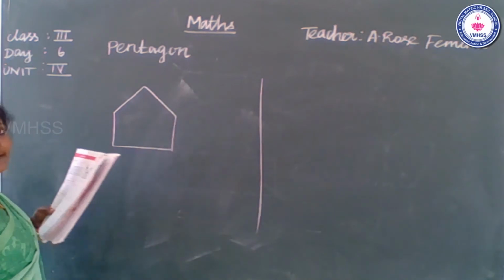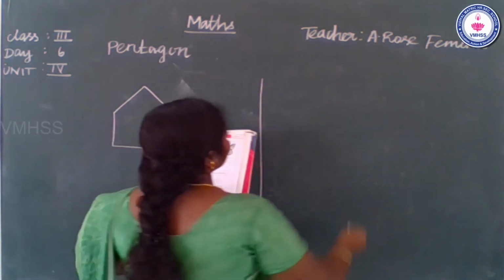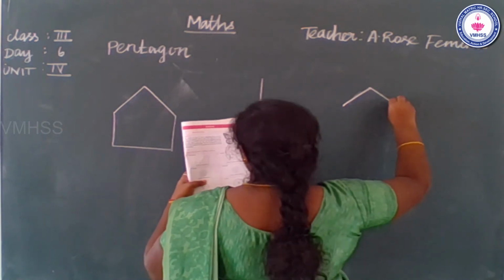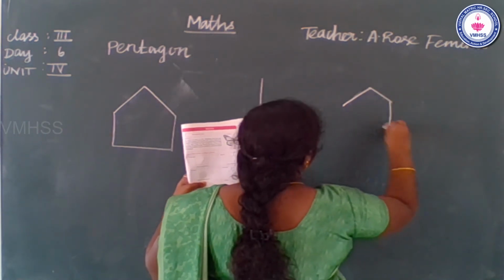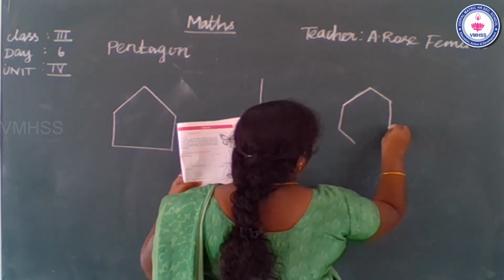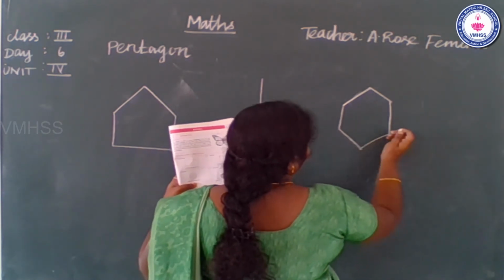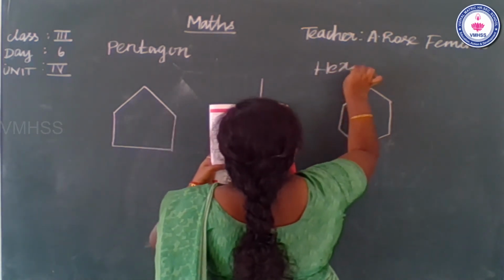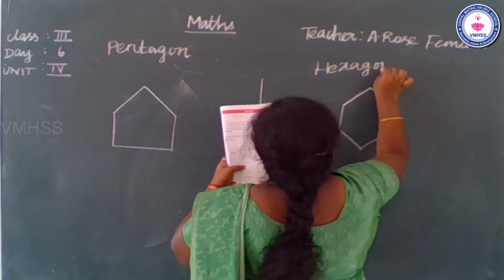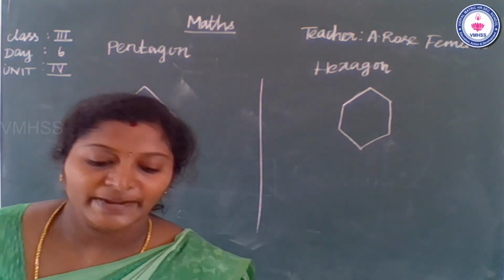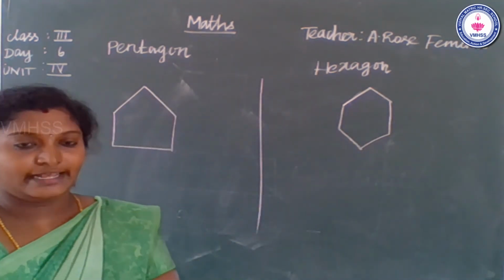This shape is a hexagon. First, divide the pentagon into symmetry.